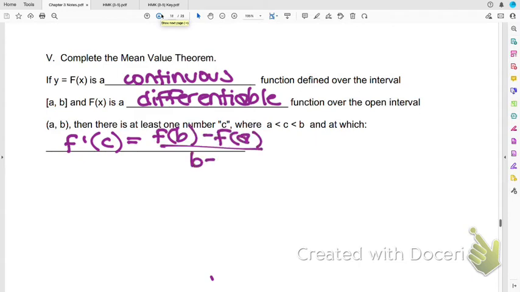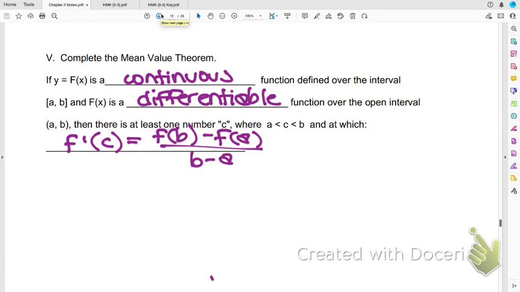Math language is so weird. I know it is. So a and b are your endpoints. It's always going to be the average rate of change over the full interval that we're looking at. There will be a specific spot where we can take the derivative and say that that instantaneous rate of change is the same.